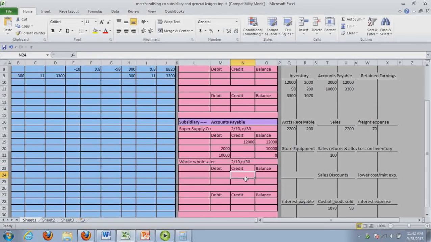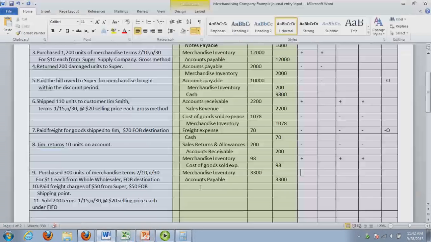And it's a credit in the journal, so it's also going to be a credit in the accounts payable subsidiary. So we're going to have 3,300 credit and a balance brought forward of 3,300. Okay, so I think we did it all. Subsidiary, general ledger. Okay, let's go on to paying freight charges from this wholesaler.